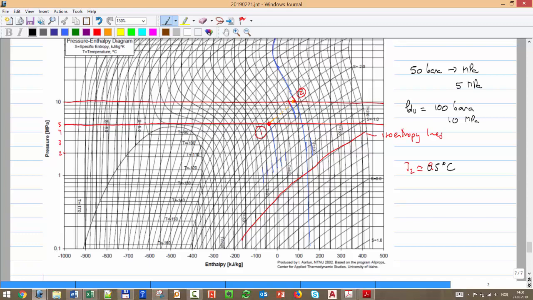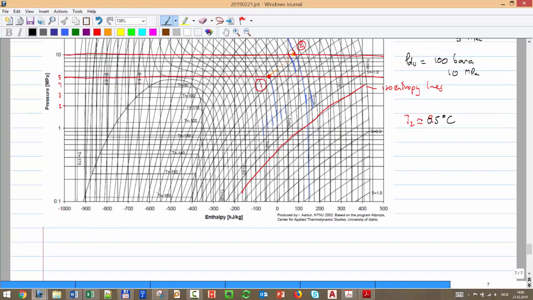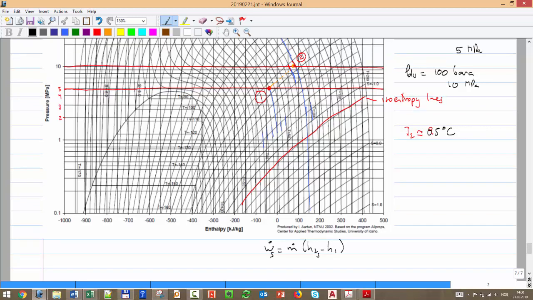All other processes are worse. And what is the work that I need to make that compression? Remember, without the sign, the work is H2 minus H1, and that will be isentropic, ideally. So what is the difference in enthalpy between these two?